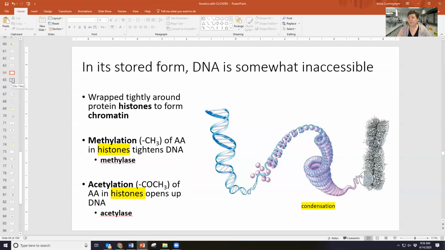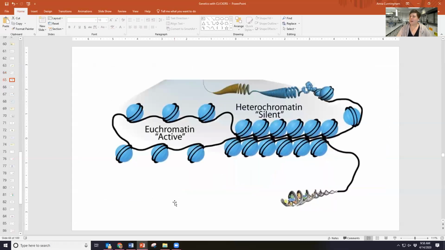So we actually have terms for DNA when it's transcriptionally active or inactive due to methylation or acetylation. And you can see the difference here. The black is your DNA and the blue are your histones. If your DNA is wrapped really, really tightly around those histones, very condensed, that's what you call heterochromatin.